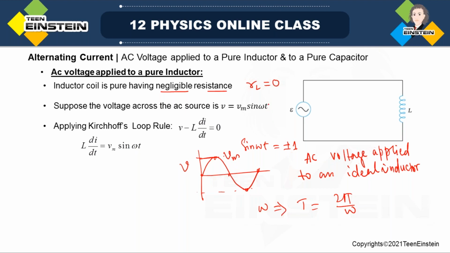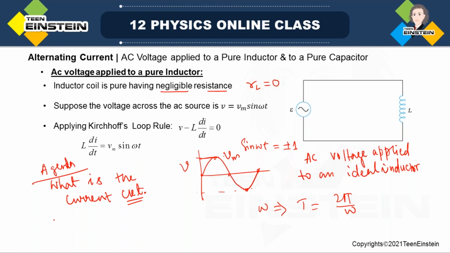Okay, now what is our agenda here? We need to know what is the current in this circuit. Circuit I am abbreviating as CKT, please remember this. This is the electrical circuit.